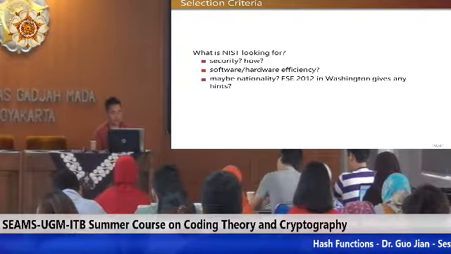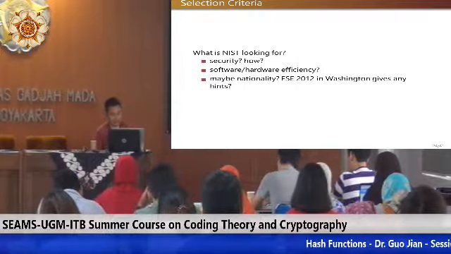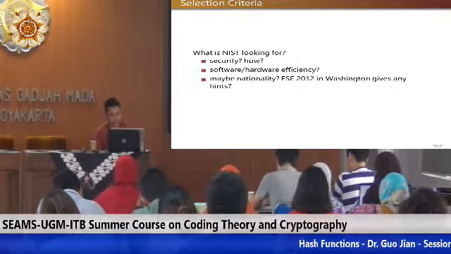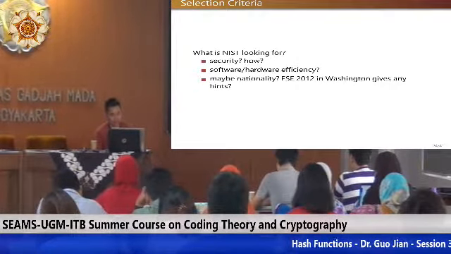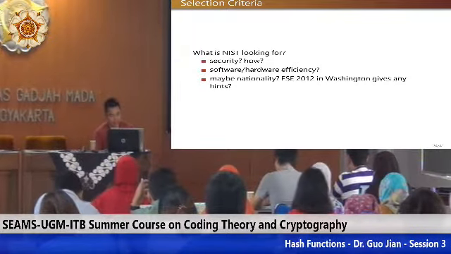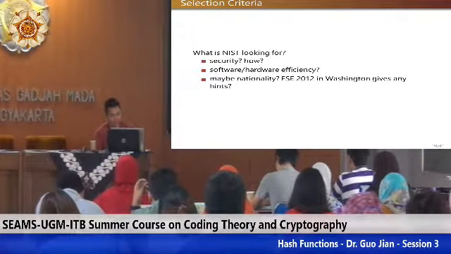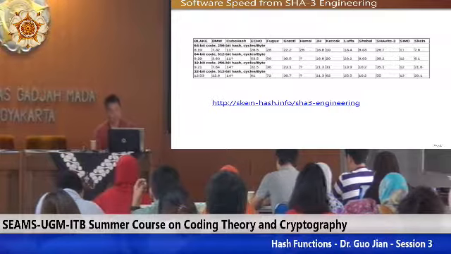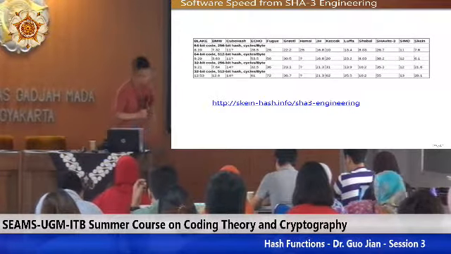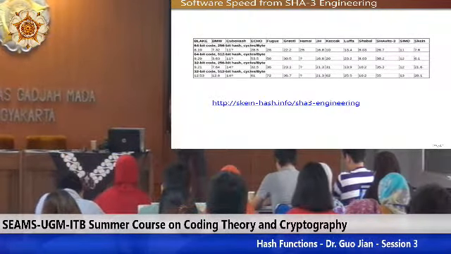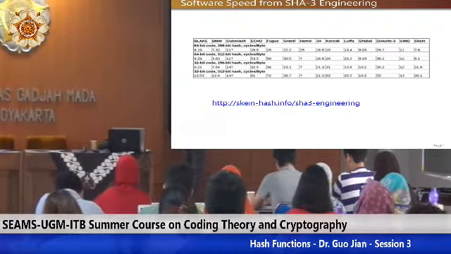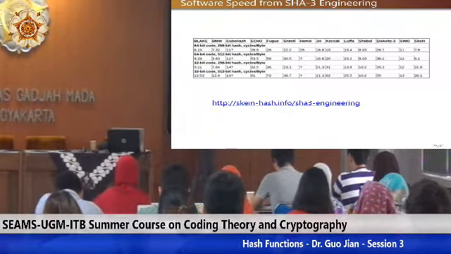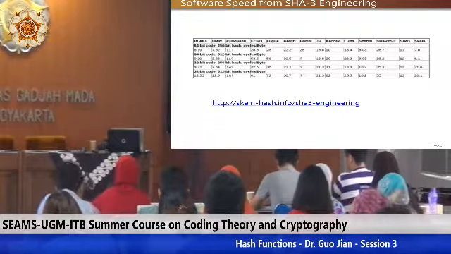So for software speeds, there's a SHA-3 engine comparing the speeds of all the second round candidates. As you can see, the speeds actually vary from a few cycles per byte to something like 28 cycles per byte.